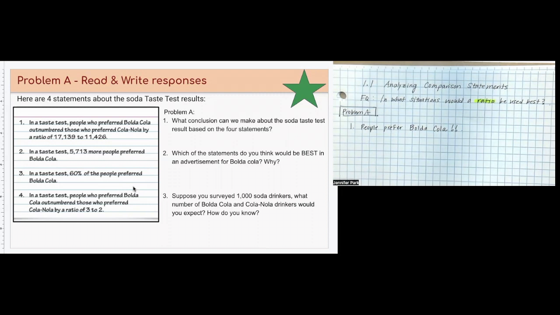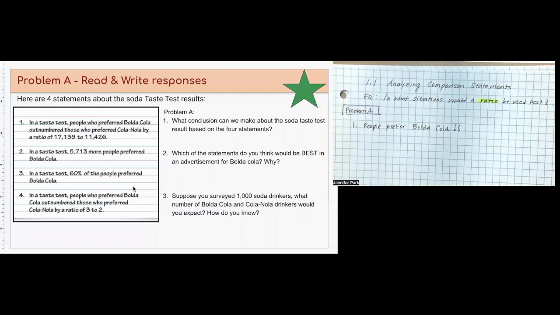And then number 2: which of the statements do you think would be best in an advertisement for Bola Cola? Why? Well, when you think about advertisements, they have to be quick and catch people's attention. If you want to advertise Bola Cola, you want a statement that draws people's attention and tells them why they prefer Bola Cola. So I think for the best statement, you could choose 2 options.